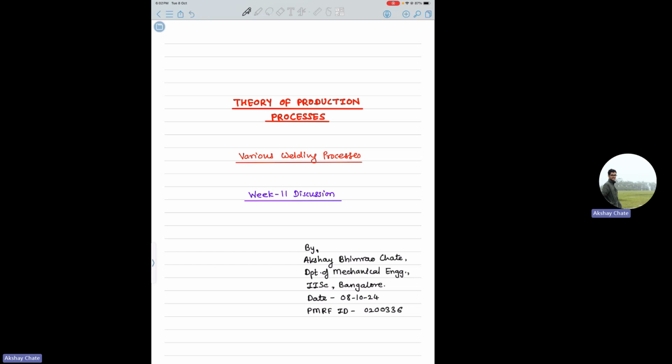So that's why many times these residual stresses are relieved by following different methods. Apart from that, because of residual stresses there can be variation in the physical appearance of your welded joint, as well as the properties.